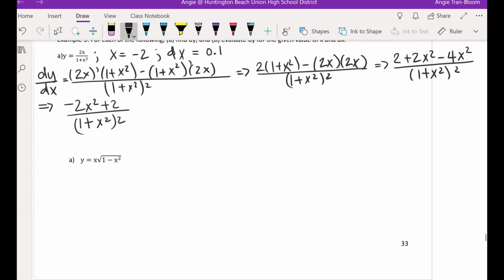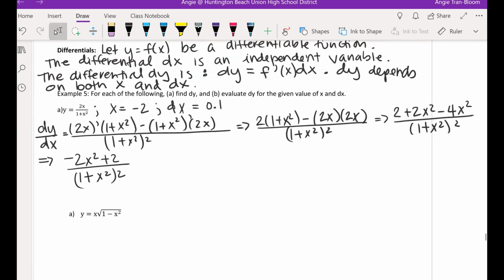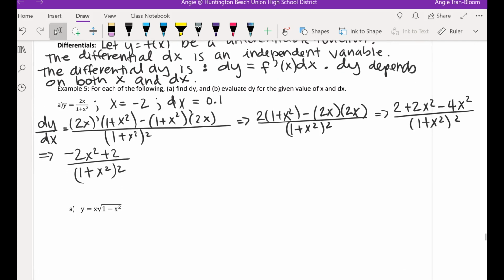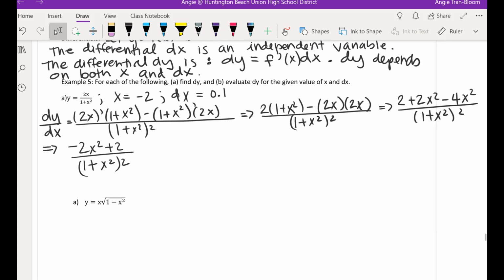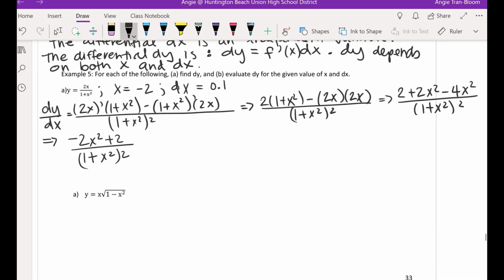Now, this equals dy over dx. I'm only interested in dy, so all you have to do is multiply both sides by dx.